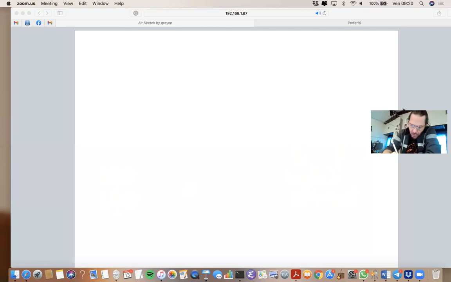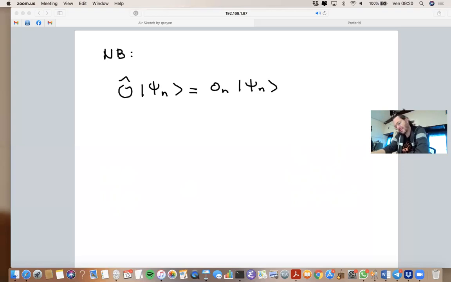So note, if the basis that I'm using is actually such that it's the eigenstates of this operator. So notation wise, since I want to denote a basis of the operator, let me use the same letter here, just to remind myself that I call O_N the states because they are the eigenstates of the O operator.